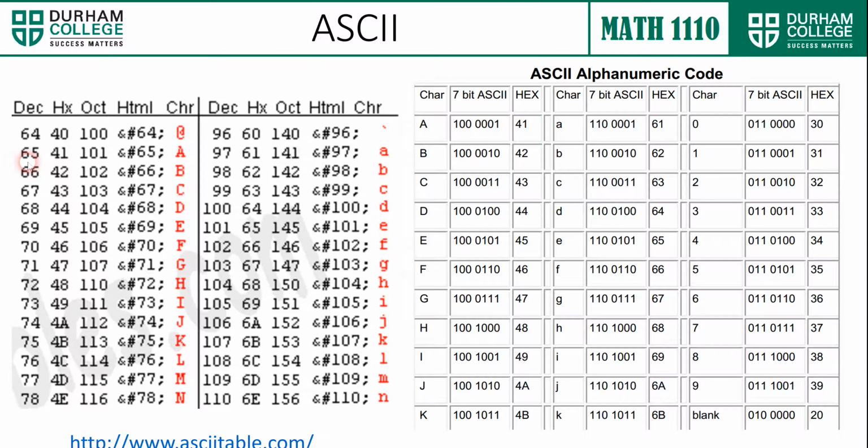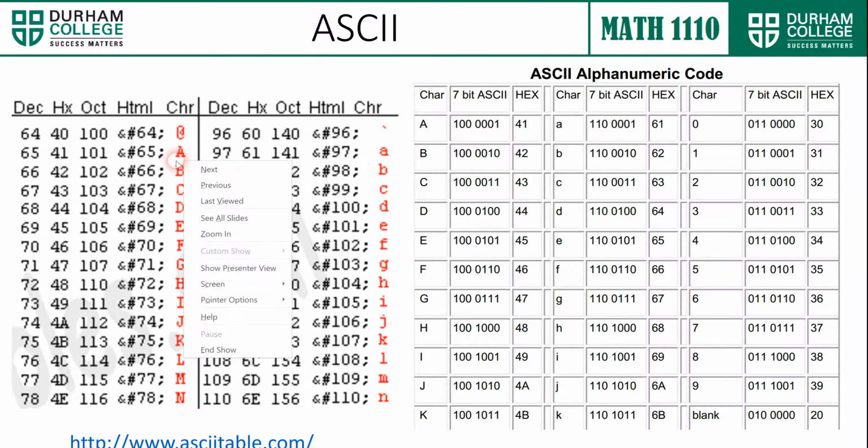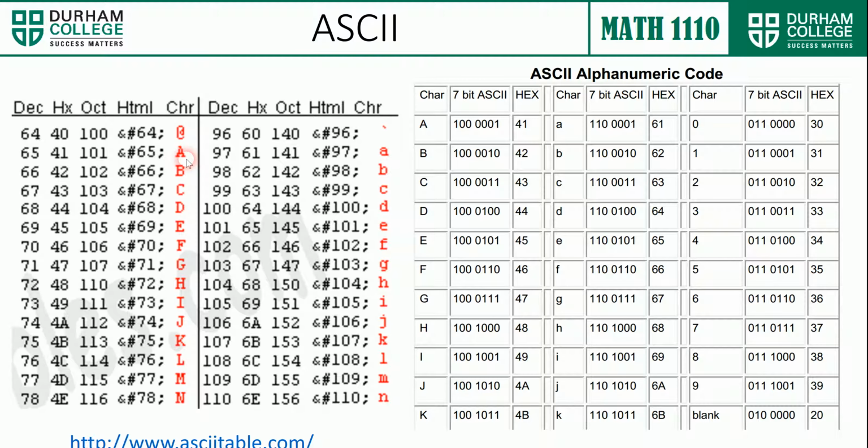Here's a table which tells us about ASCII. For example, the number 65 in decimal is equivalent to 41 in hexadecimal and 101 in octal. This is the character A, uppercase A. Remember there is a clear distinction between uppercase and lowercase, they are not the same. So the hexadecimal number 41 represents the character A, or in decimal terms 65.